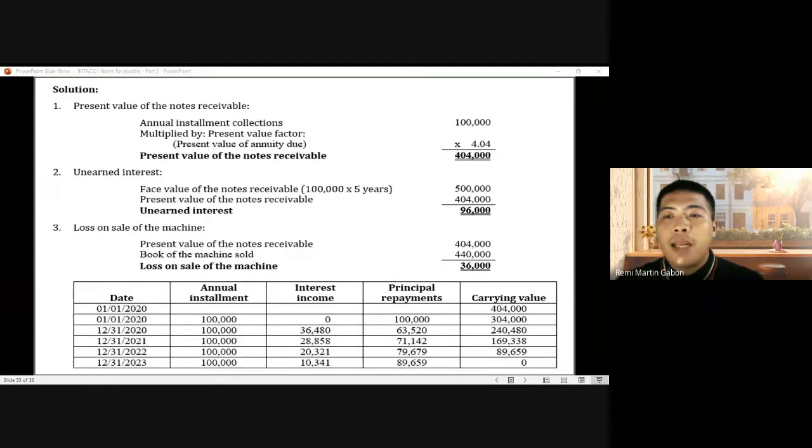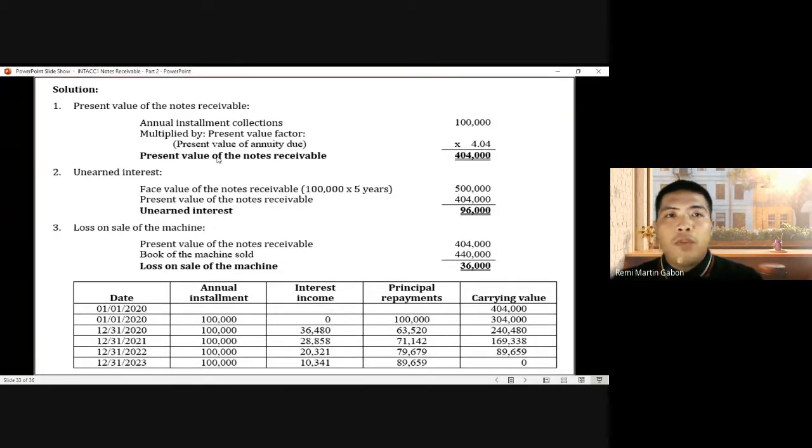Kung isasama natin yung 1 for the advance payment, magiging buong 5 installment and present value factor. That's the reason why nag-plus 1 tayo. Okay? I hope na gets yun.